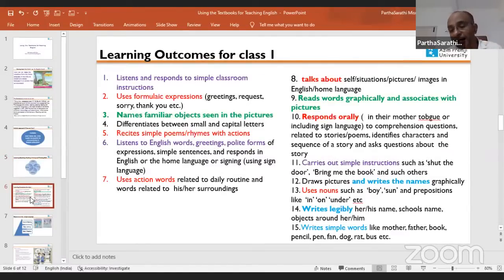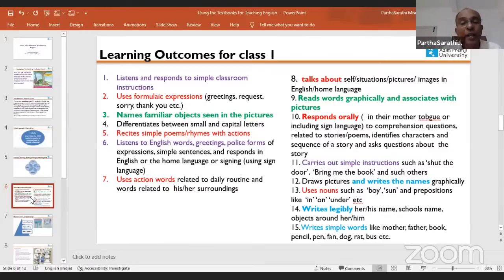Just to, as I have hardly 15 minutes left, I will concentrate on learning outcomes for class 1. You see, the learning outcome for class 1 does not tell us that we should know what happens to Amu and her family, what happens when Amu goes to school.